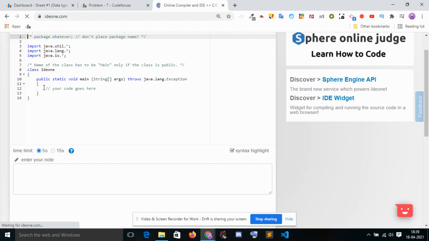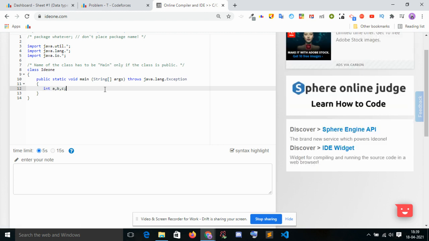So let's try it. Print a, b, c. Scanner sc is equal to new Scanner(System.in).